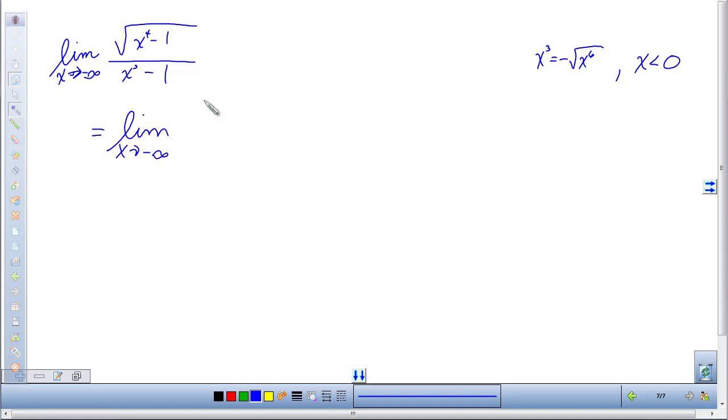And I've got the square root of x to the 4th minus 1 over negative square root of x to the 6th, and we're going to divide that by x cubed minus 1 over x cubed.